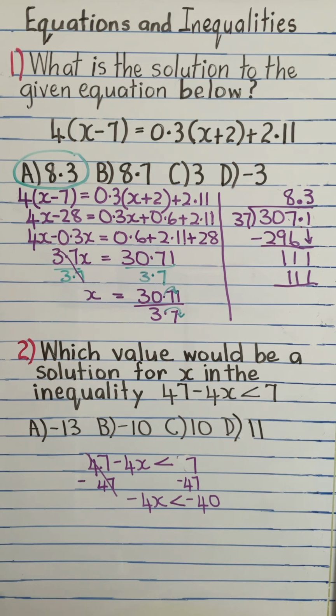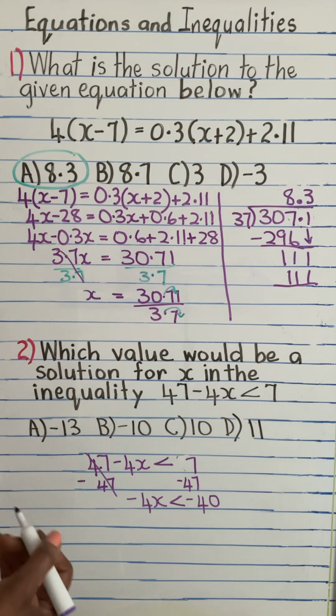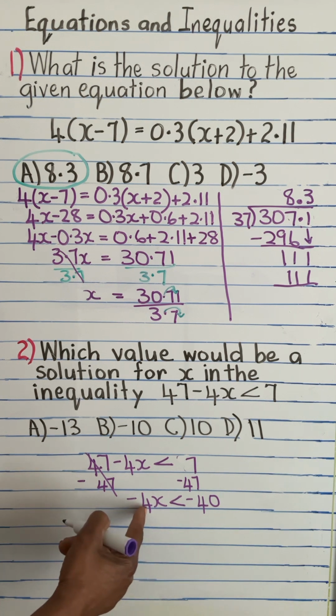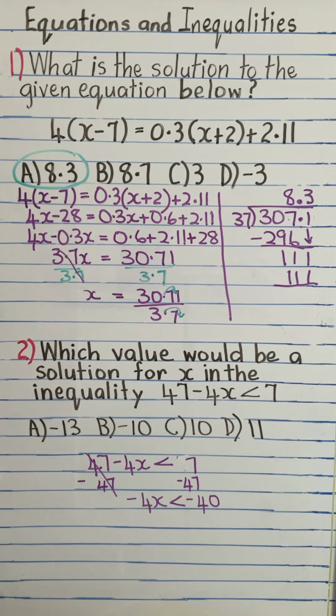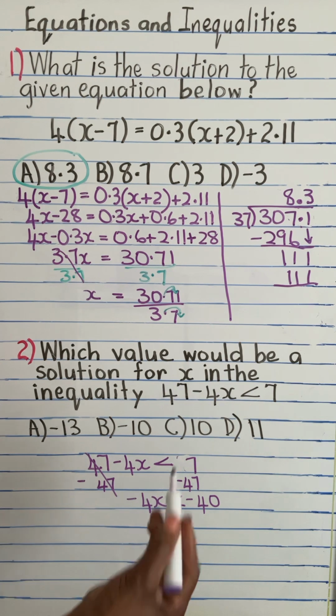Negative 4x means 4 times x, so we're going to divide to get rid of this 4. We're going to divide by negative 4.